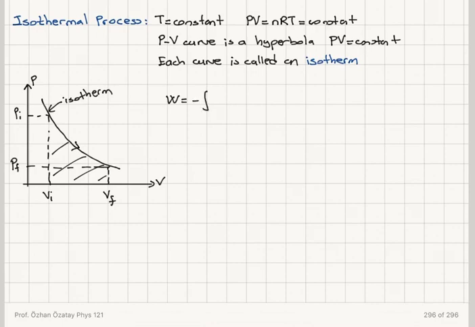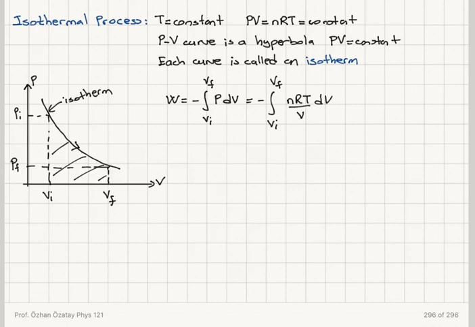It's work equals minus the integral from V initial to V final of P dV. Now in this case, the pressure is related to volume. It is nRT over V dV.